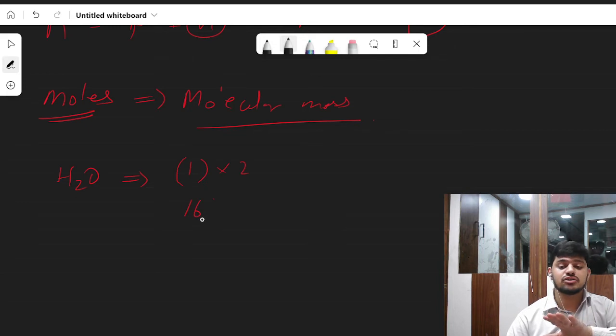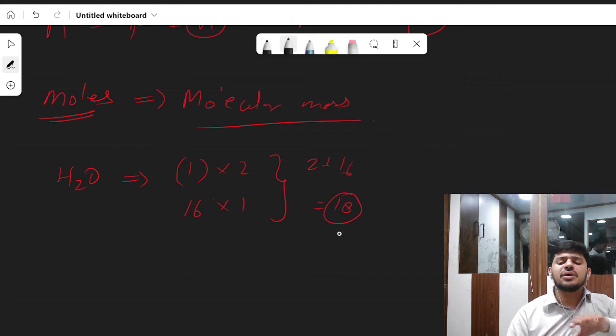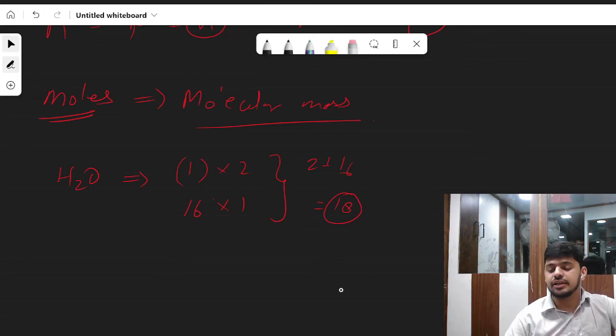This is the atomic mass of oxygen, and there is only 1. So in total we have 2 plus 16, which is 18. It means the molecular mass of water is 18.